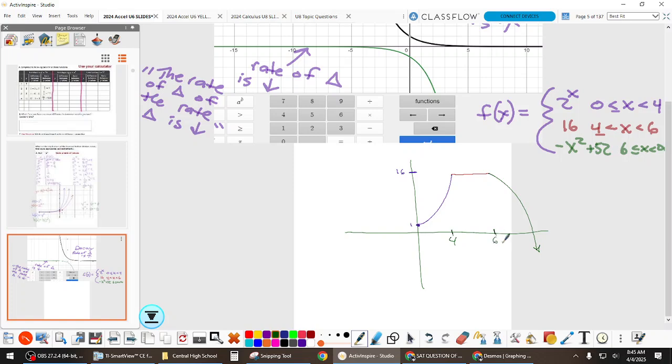So that means you can't pass the horizontal asymptote. Well, because this purple, the one that has a horizontal asymptote, is only defined from 0 to 4. So it doesn't have a horizontal asymptote. Each piece has its own horizontal asymptote? No. Because 2 to the x only has a horizontal asymptote back here.